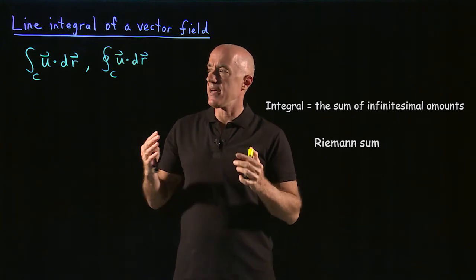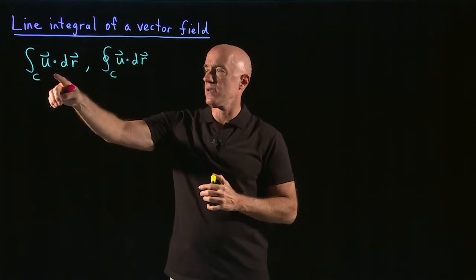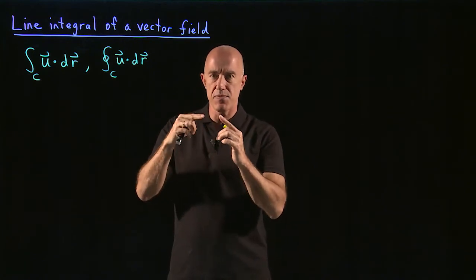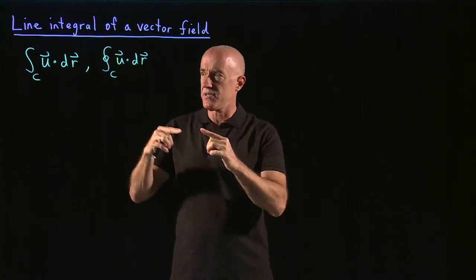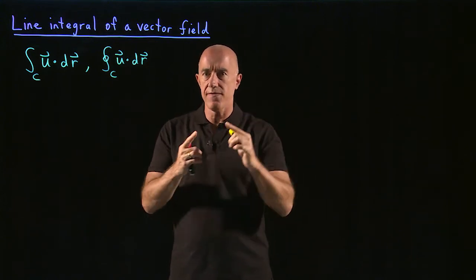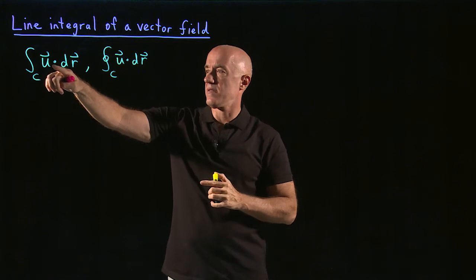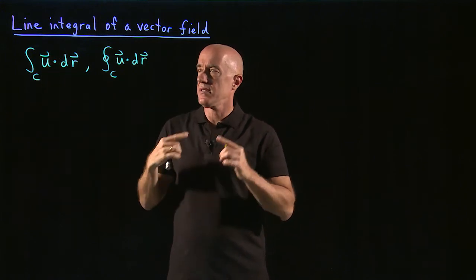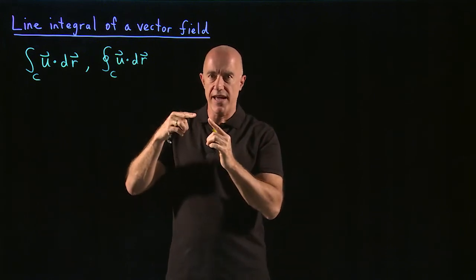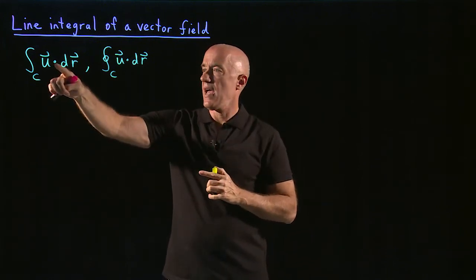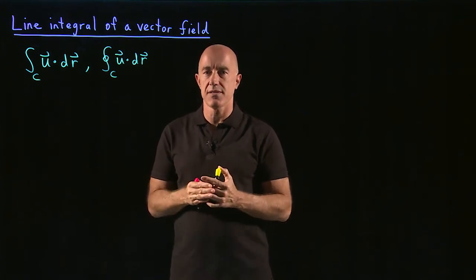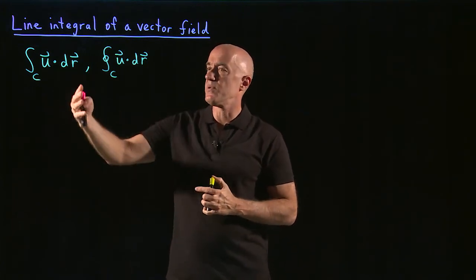In this case of a line integral, the sum will be the little vectors making up the line, the curve, and then the vector field u dotted into those little vectors making up the curve. And then you sum all of them. Okay, so that's how you would compute this using a computer.